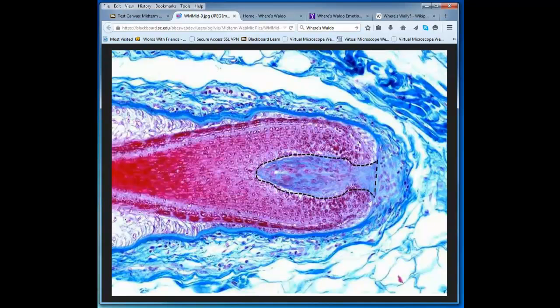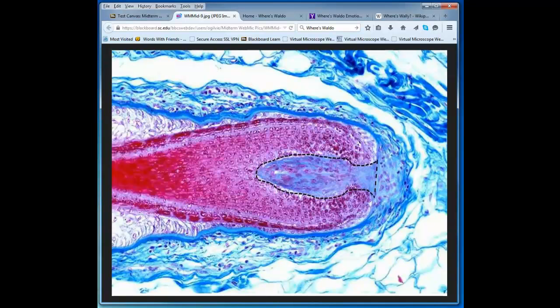We did accept hair papilla, hair follicle papilla, and hair papilla with the ending either in A or AE. We also regraded and accepted dermal papilla. And I just noticed in going through the typed-in answers once again that someone answered connective tissue papilla. So I cannot discount that, so we'll regrade accepting that one after I finish this video. Let's move on to the next question.